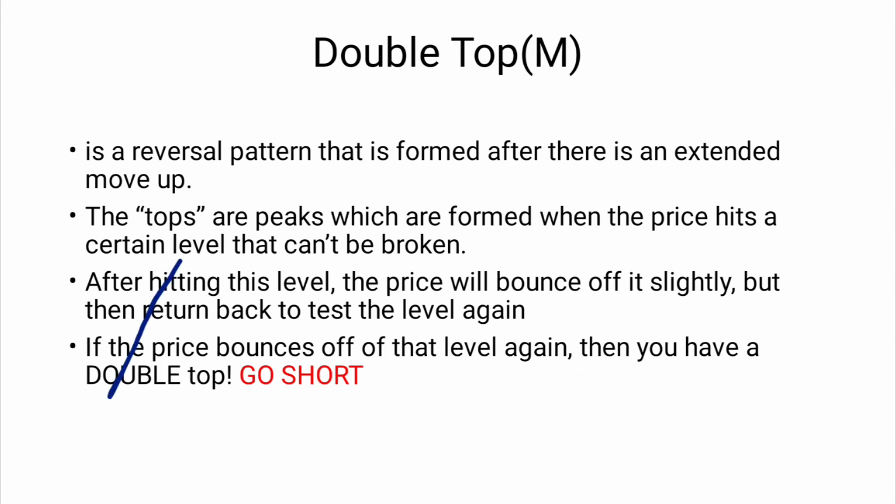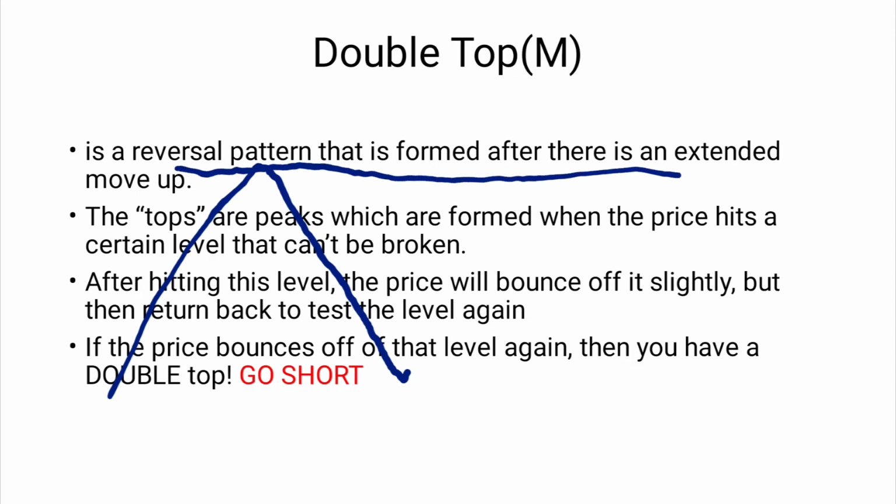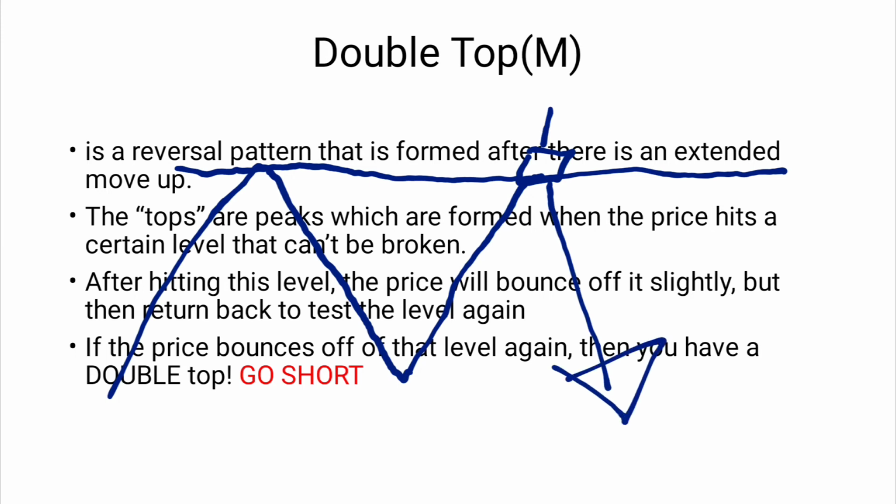Go short. So we've got this, you're watching the market move down, and then you draw your imaginary support, and then price comes back here, and then it fails, or it forms a pin bar like I was explaining in the previous video. You know that price will definitely go down.